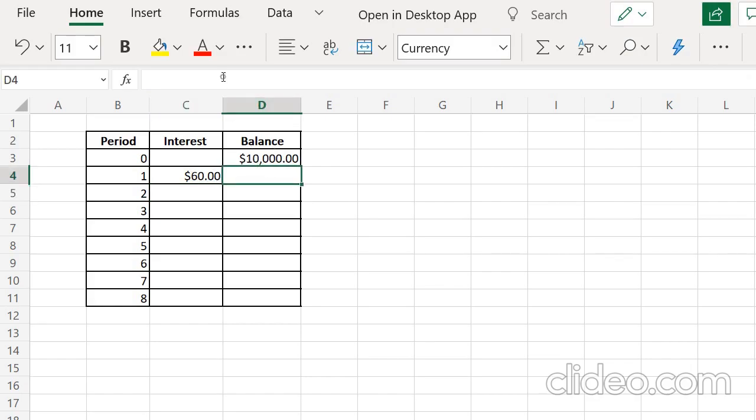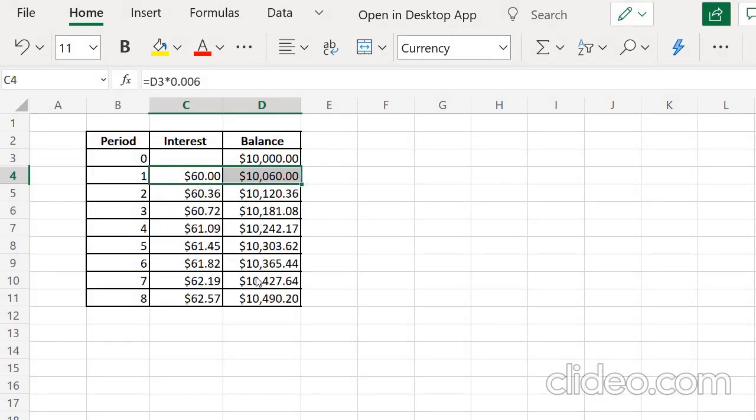So I'll start the formula with an equal sign. I'm going to click on that 10,000, click a plus sign, and click on the 60 and enter. So 1,060. And then you can just highlight these two formulas and double click this little square in the lower right hand corner, and that copies those same formulas down.